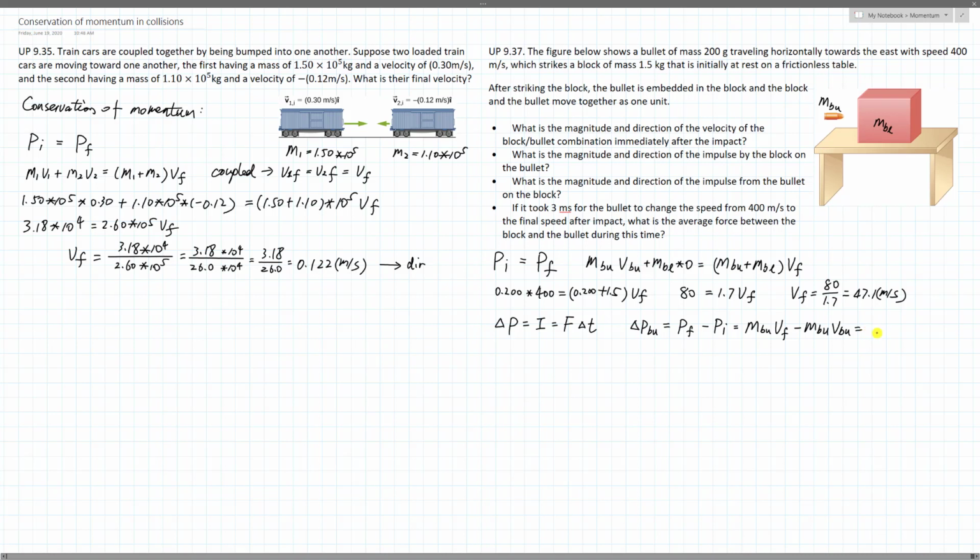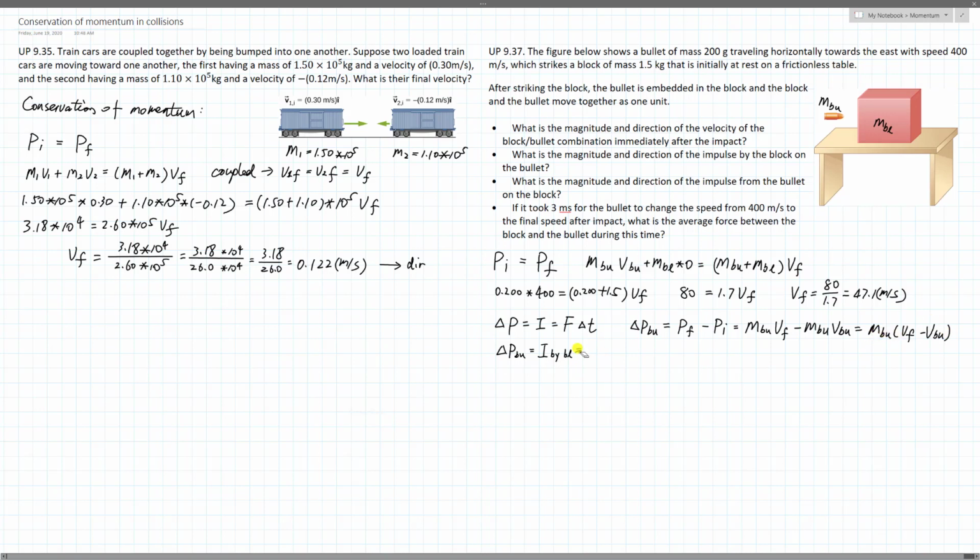Okay, so let's calculate this change of momentum, which is impulse. The bullet's mass can be factored out, so final minus the initial bullet velocity. That's the change of bullet momentum. Let's say that the change of bullet momentum is the impulse by the block, which is equal to this quantity here.